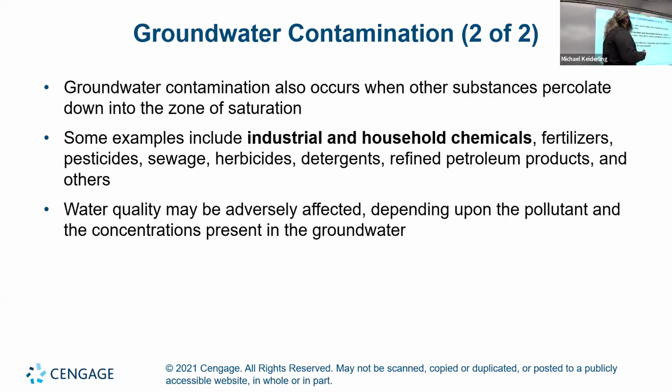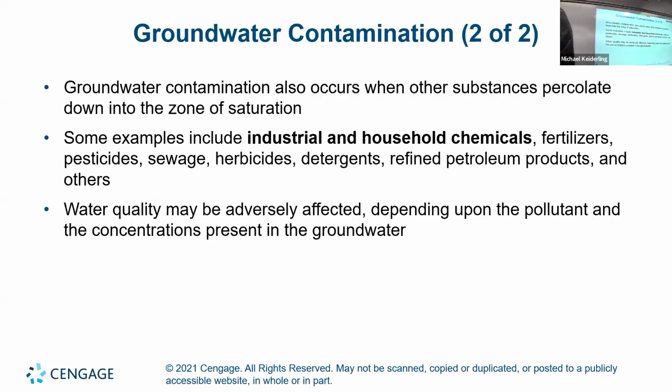So groundwater contamination also occurs when other substances percolate down into the zone of saturation. So this is an issue around here because we have all this old industry. So you could have industrial and household chemicals percolating into the zone of saturation, things like fertilizers, pesticides, sewage, herbicides, detergents, refined petroleum products, and other things like that.